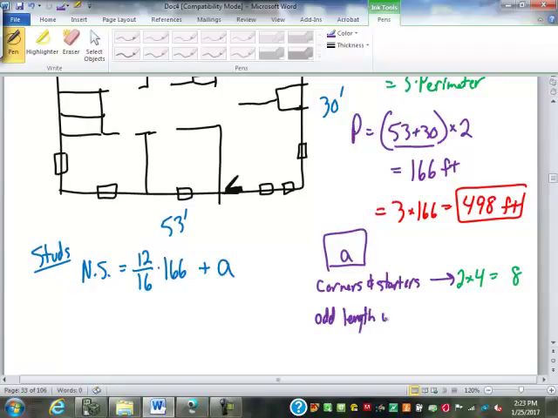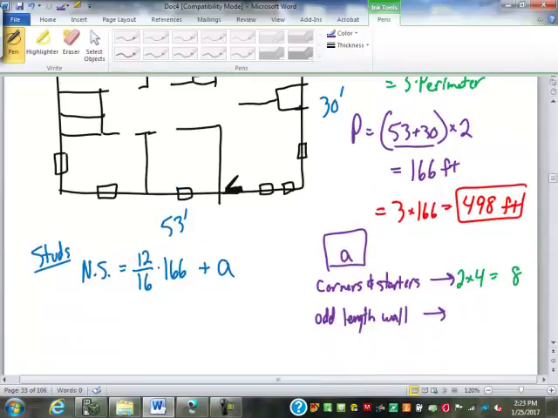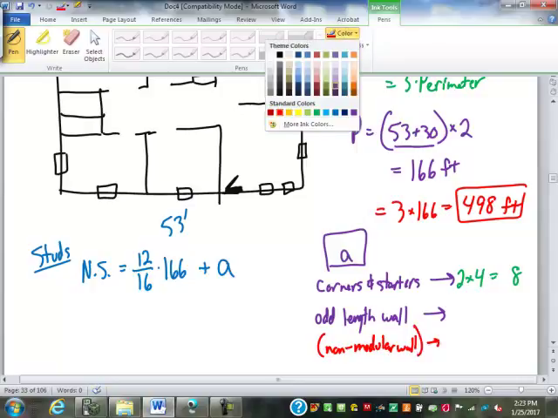Odd length wall is a little bit of a poor term. It should say non-modular wall. This is what happens when you get math people writing textbooks applied to construction. They are adding 1 for each of those 4 walls.